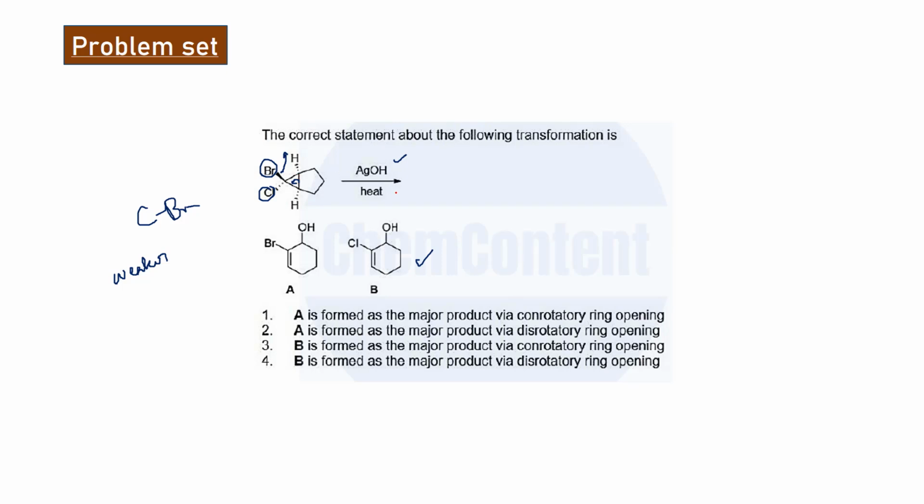So the reaction is going through a 2-pi electron system, that is 4n plus 2, in heat, undergoing a disrotatory system. So the correct option is option D. 4n plus 2 and heat, so it will go through this type of mechanism. So the correct option is option 4.